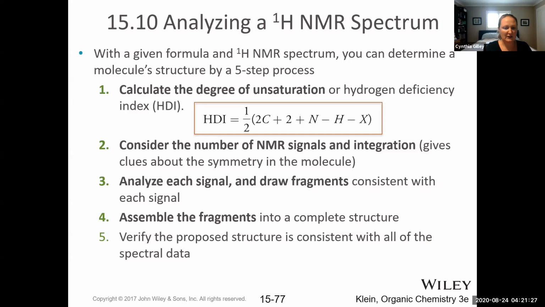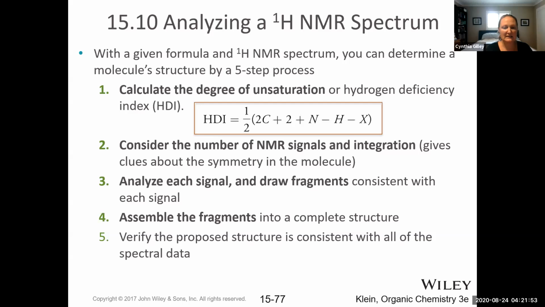So I start trying to draw these little fragments for each signal, and then I attempt to assemble the fragments into a complete structure, and then just double check that my complete structure actually would match. And the thing that students do is they double check that it matches the splitting pattern, and they double check that it matches the integration, but they forget to double check that it matches the chemical shift, right?